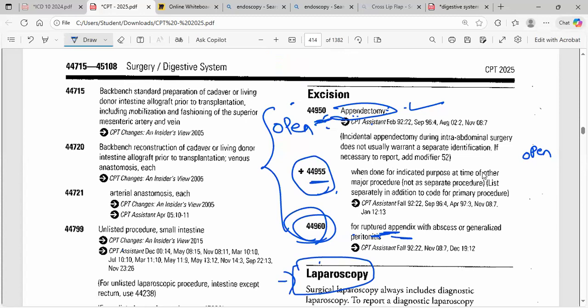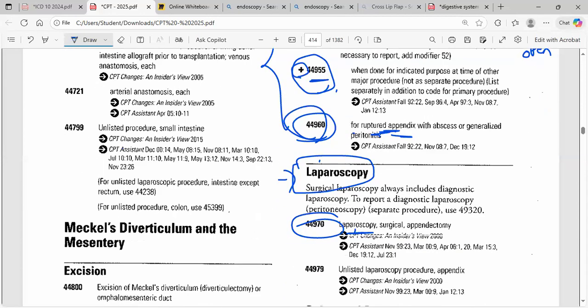And if it is performed with any other major procedure and not separately done, then we have to use the add-on code. Add-on code means we have to bill this in conjunction with any other main procedure performed in the abdominal cavity. And for laparoscopy, we just have the one code. If the appendix has been removed with the laparoscopic approach, we are going to bill 44970.